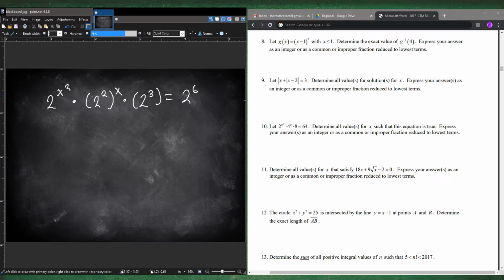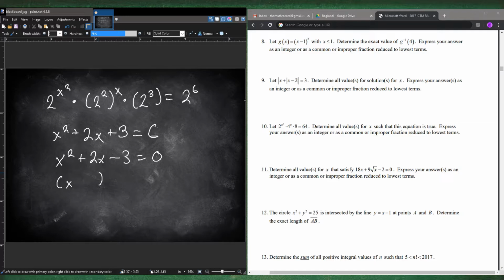Okay, so when you're multiplying exponents with the same base, you basically just add them together. So it's x squared plus 2x, and then plus 3, and that is equal to 6. So that means x squared plus 2x minus 3 is equal to 0.